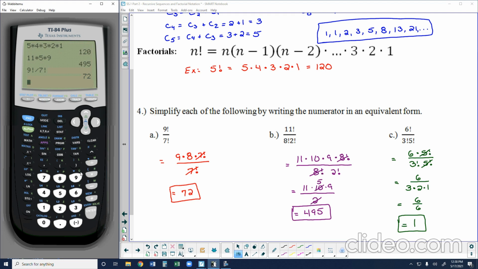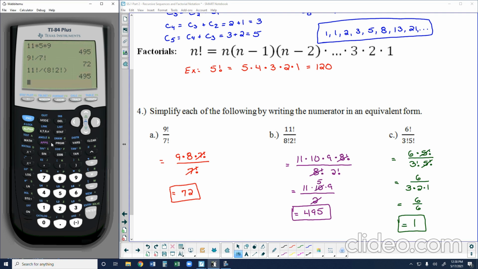For B, I need to be a little more careful here when I type this in. Same thing, let's do 11, then hit math, go over to probability, take that factorial, 11 factorial divided by, I'm going to either use the fraction button in your calculator or put parentheses around 8 factorial times 2 factorial to make sure that your calculator does the correct order of operations that you intend.